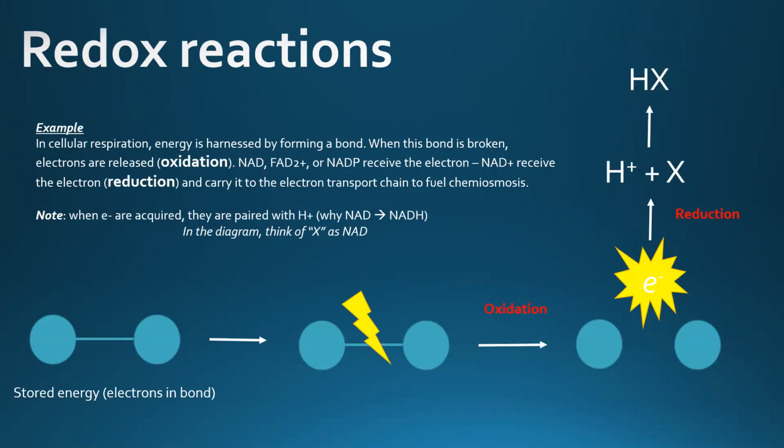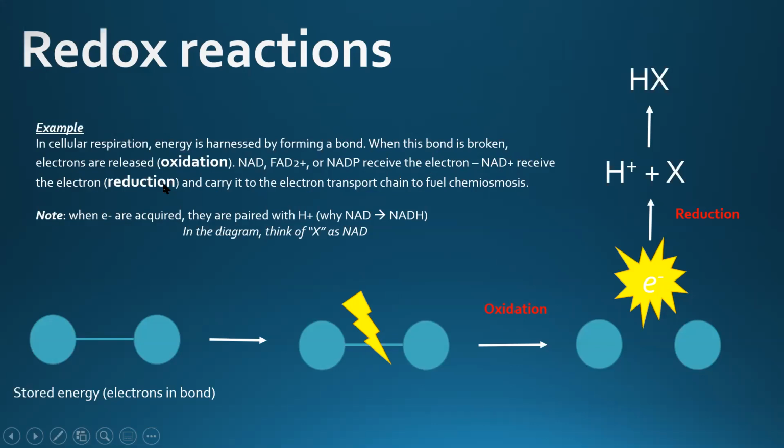It's basically a series of multiple redox reactions. When the bond is broken, the electrons are released. So again, you're losing the electrons. So that's oxidation. You have the electron carriers, NAD, FAD, NADP, picking up the electrons. And when they are picked up, they are reduced.